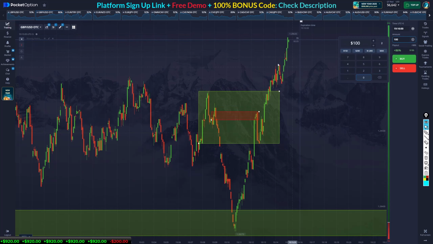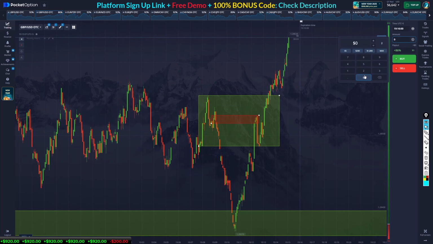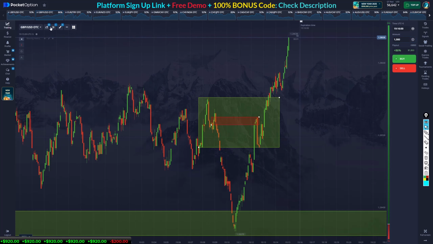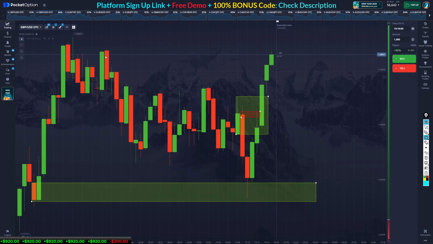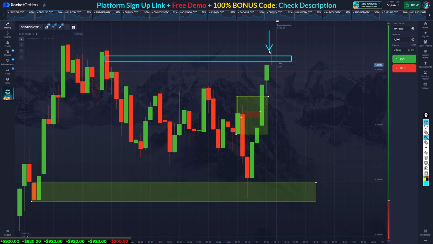Let me just go back to 1,000. I think since there's no supply area, I'm not entering this one, but I saw a fresh supply area inside of this, which can reject the price, but I do not take it, and I will explain why I'm not going to take this one.